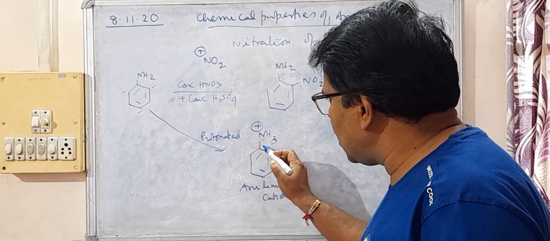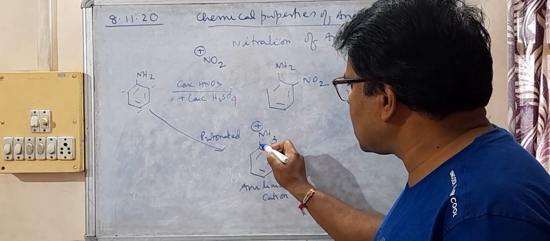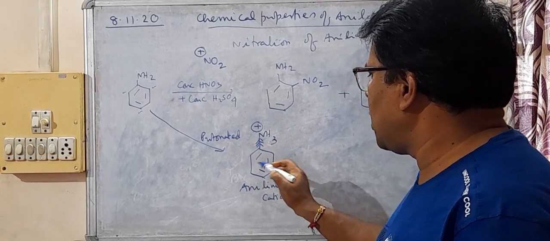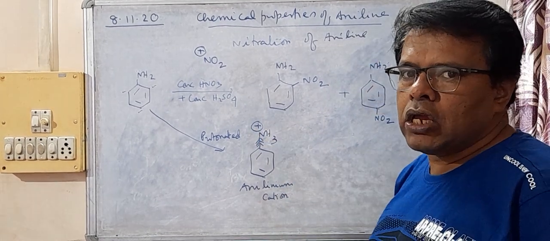Now you see this anilinium cation, since it is N plus, it is an electron withdrawing group now.